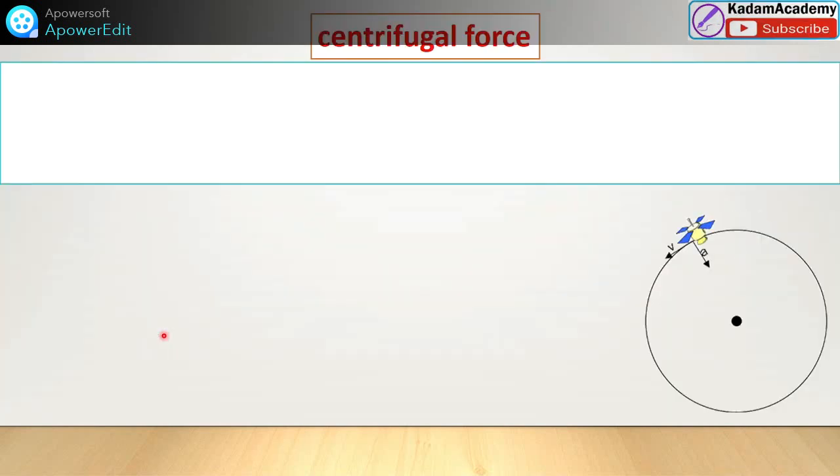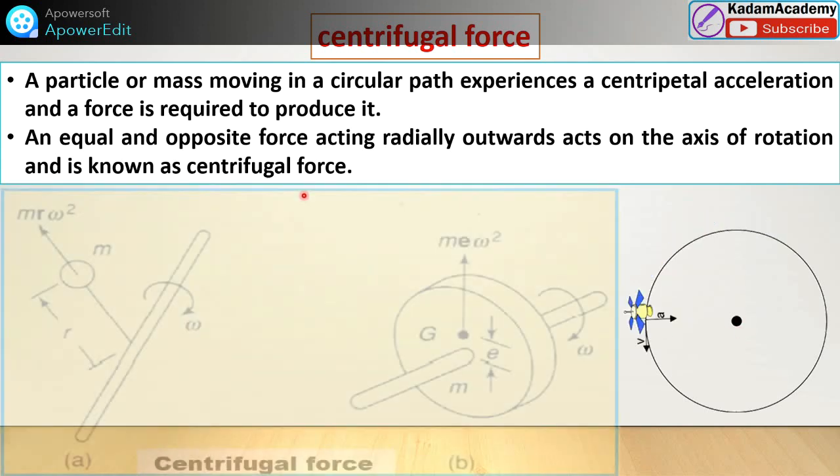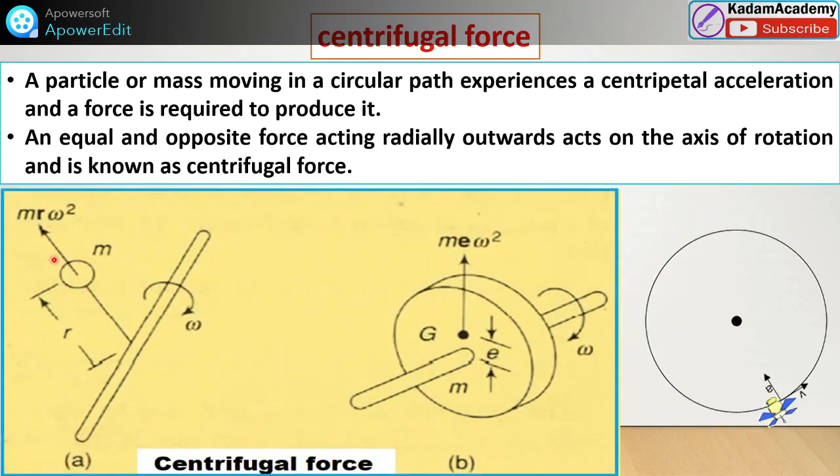Okay, friends, centrifugal force. What is centrifugal force? A particle moving in a circular path experiences a centripetal acceleration toward the center, and a force is required to produce it, but an equal and opposite force acts radially outwards. Here, see, this mass is at a distance r, rotating with omega, the rotational speed.